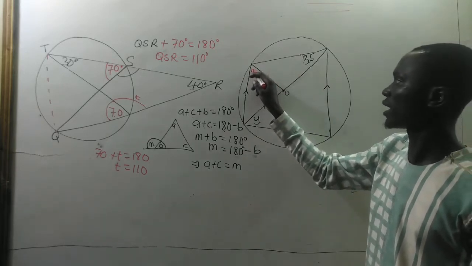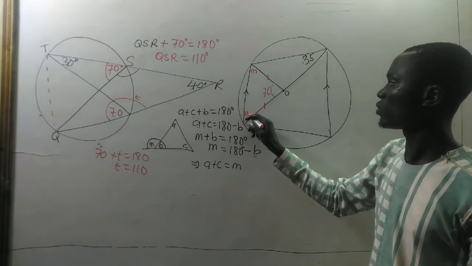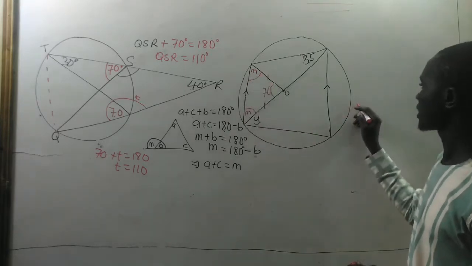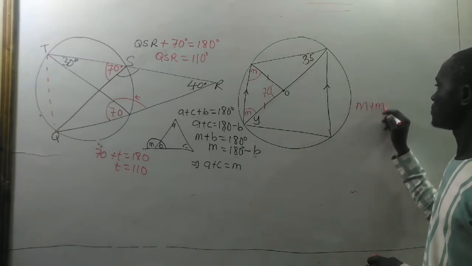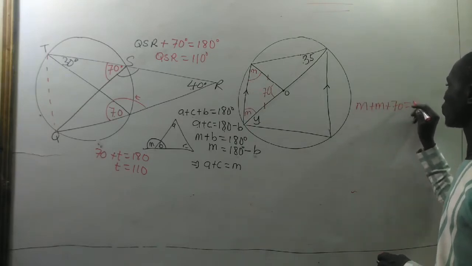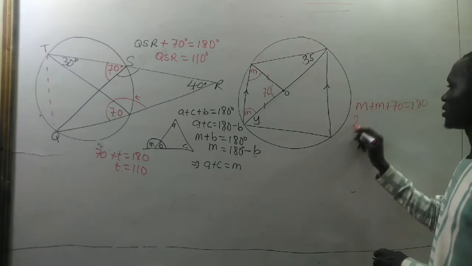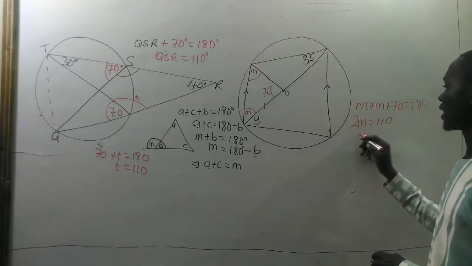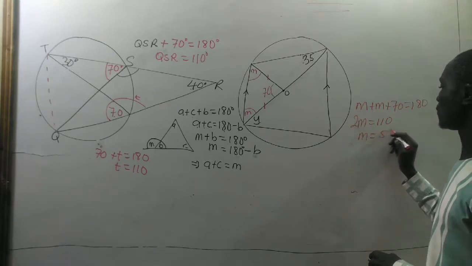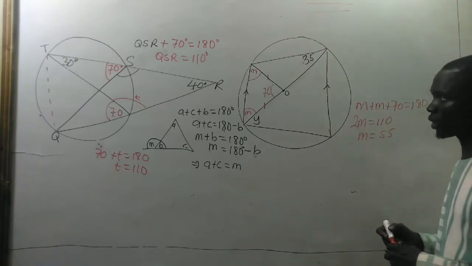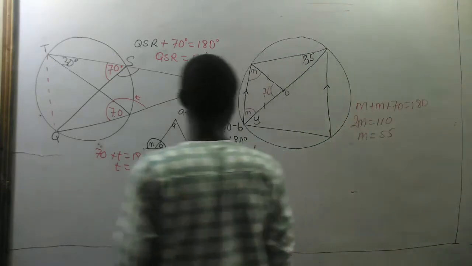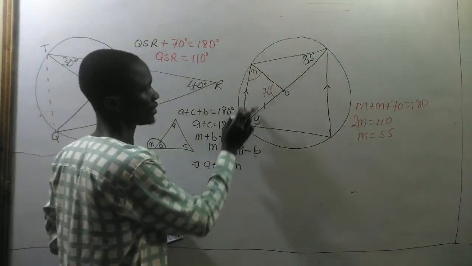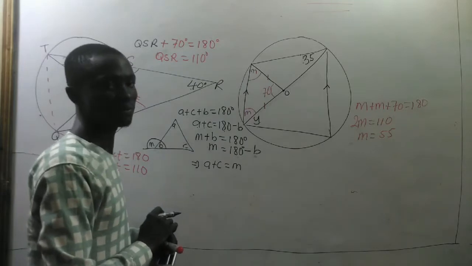So I'll name here angle M, and this one too as angle M. So I'll take M plus 70 equal to 180 degrees. 2M will be equal to 110, and M will be equal to 55. Wow. It means that the angle here is 55 and the angle here is 55.